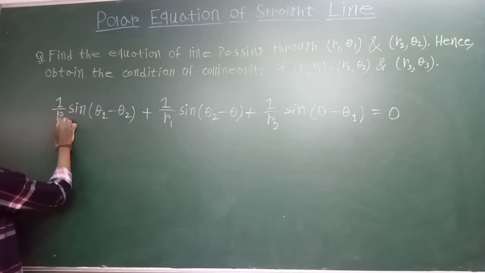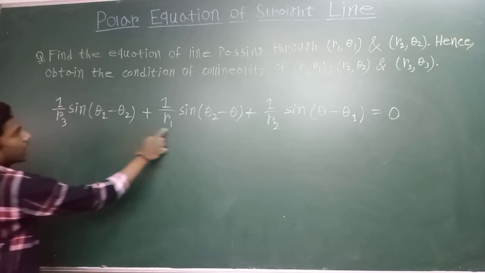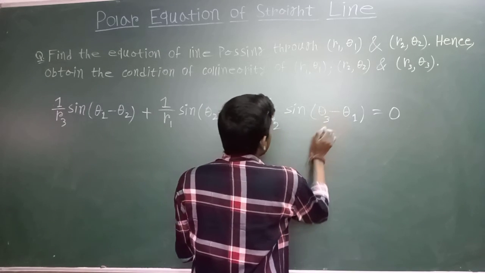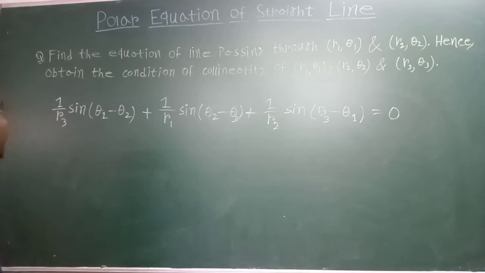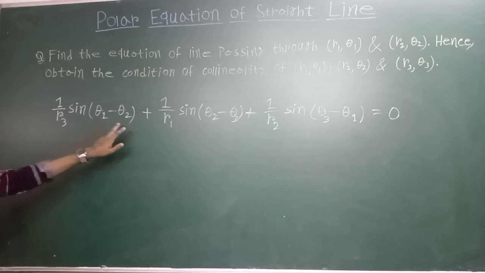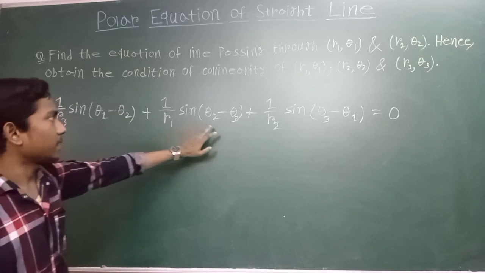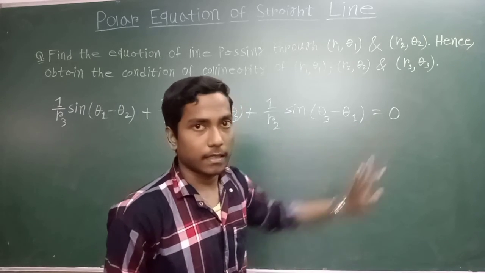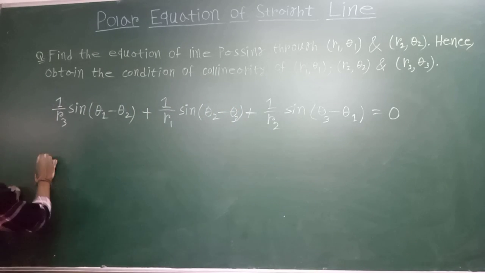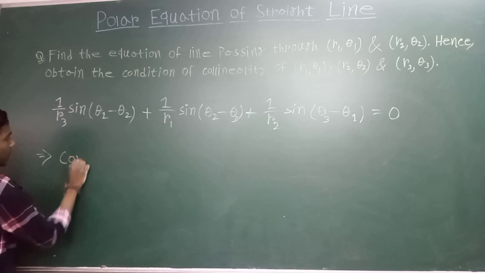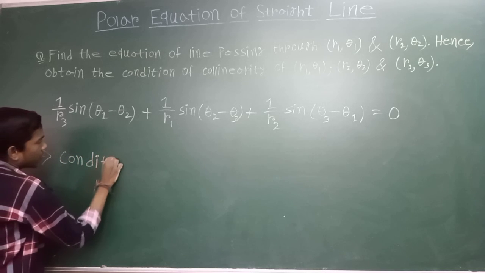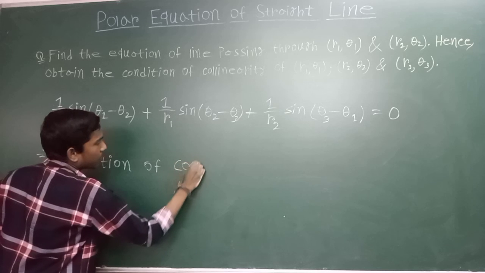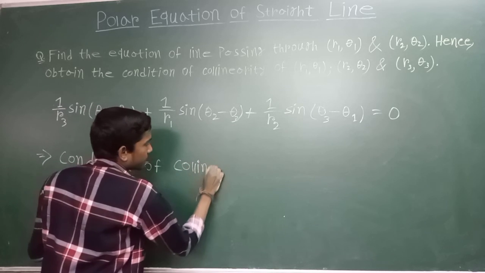So 1 by r3 into sin(theta 1 minus theta 2) plus 1 by r1 sin(theta 2 minus theta 3) plus 1 by r2 sin(theta 3 minus theta 1) is equal to 0. This is the condition of collinearity.